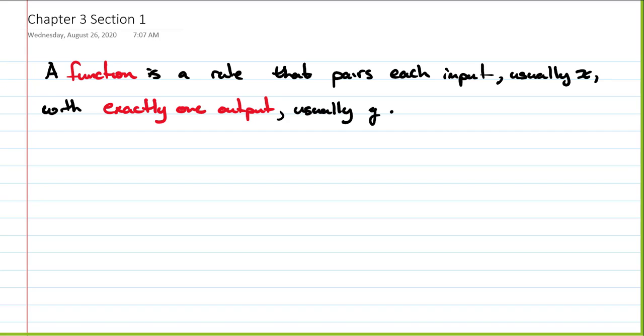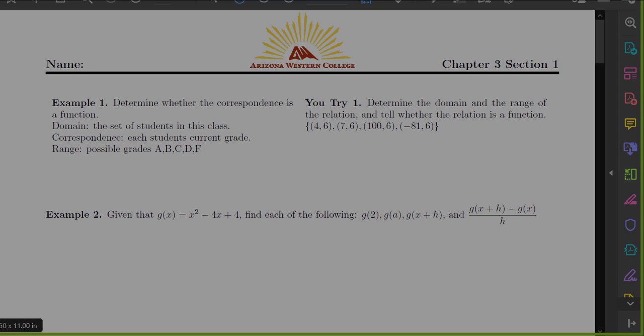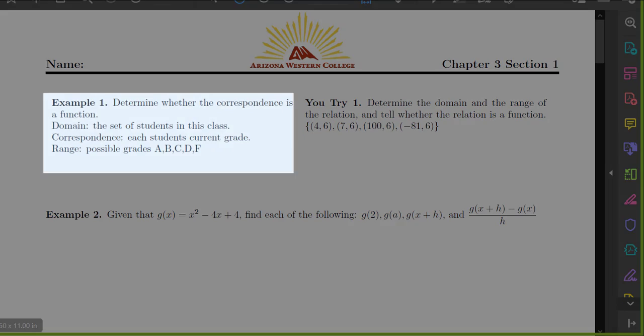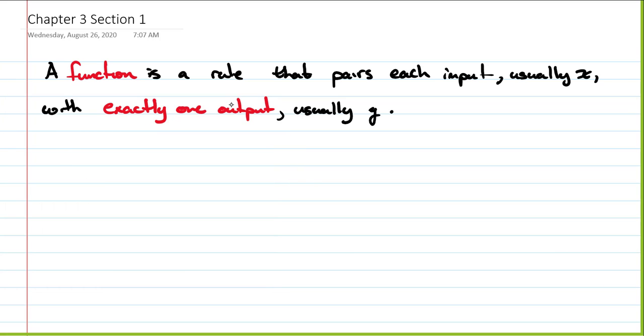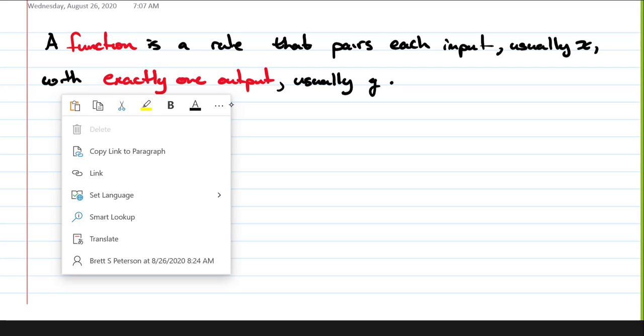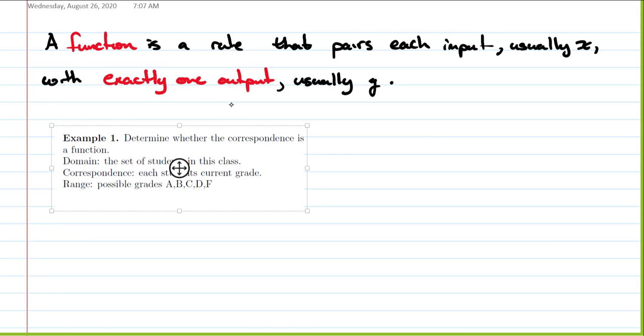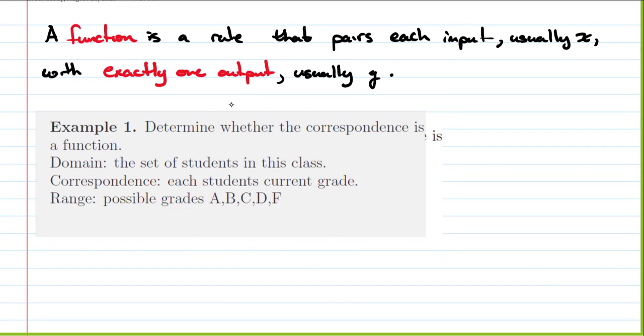So let's do example number 1 to help illustrate what this means, and more importantly, what it doesn't mean. So we want to determine whether or not the following correspondence or relation represents a function.